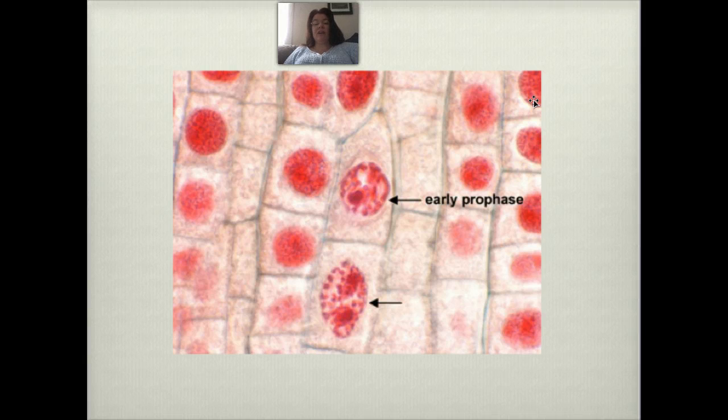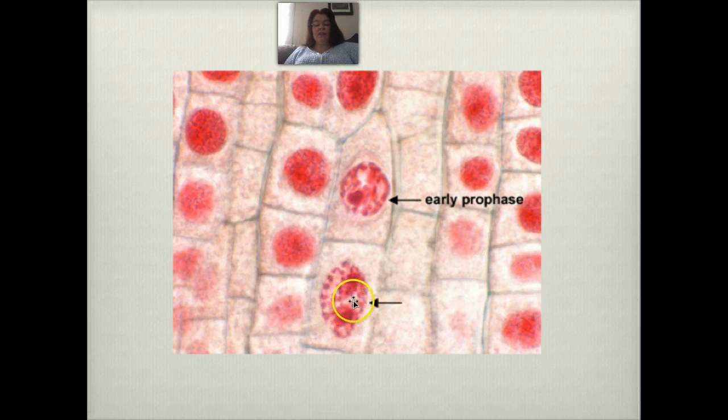These are cells that are either in the G1 stage, the S stage, or the G2 stage. This is interphase. We can't tell which stage they're in because we can't see the events occurring until the cell goes into M.